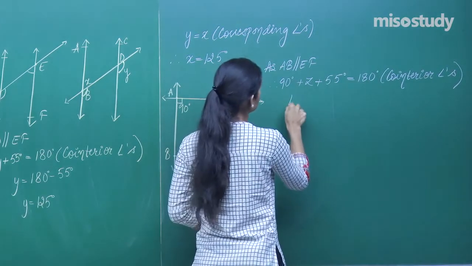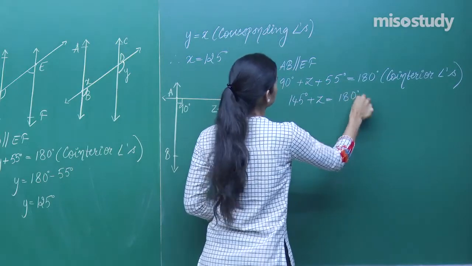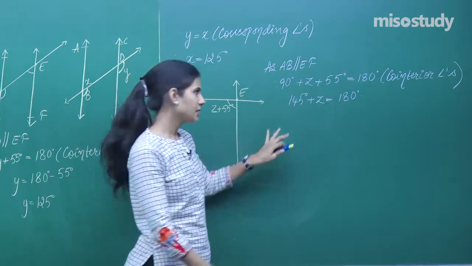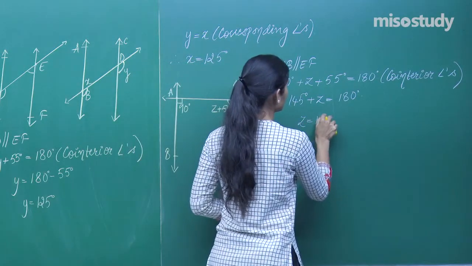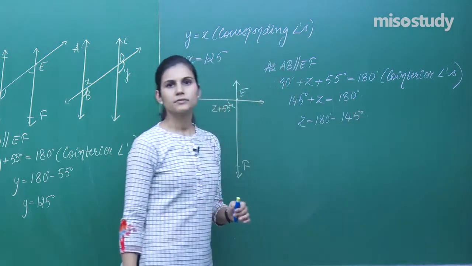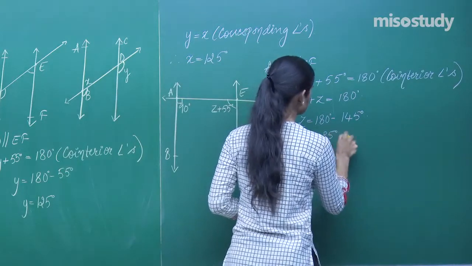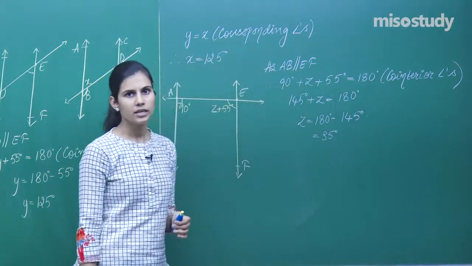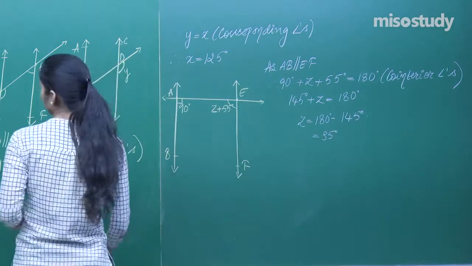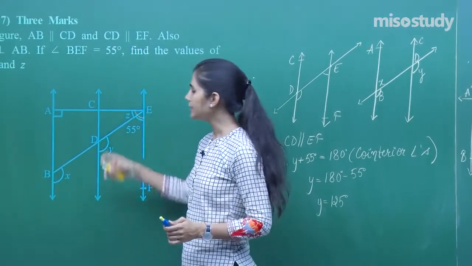So what do I have? 90 plus 55 is 145. Then you have Z as 180 minus 145, which is 35. So 180 minus 145 is 35. Z has measure 35. We have computed the measure of x, y and z. X and y both are 125 and z is 35.